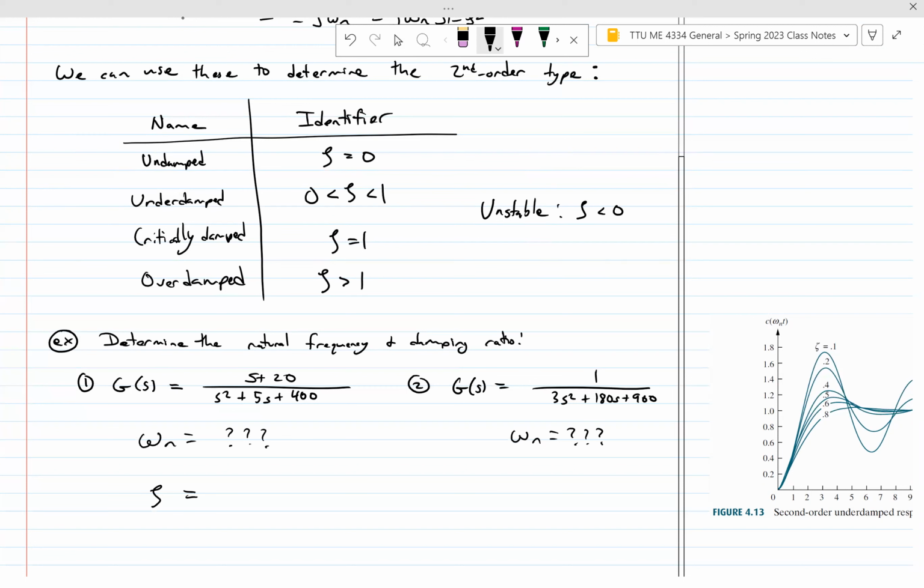You might as well tell us what the system type is too, for a second order system. Pretty basic, just something quick to warm up with here. Make sure you all understand this.